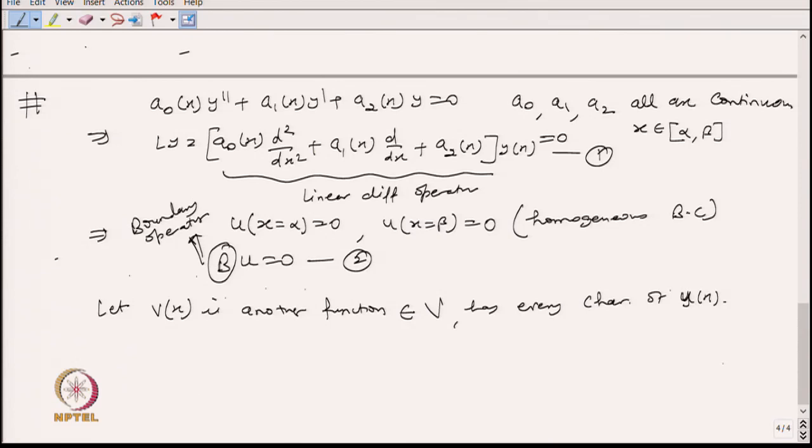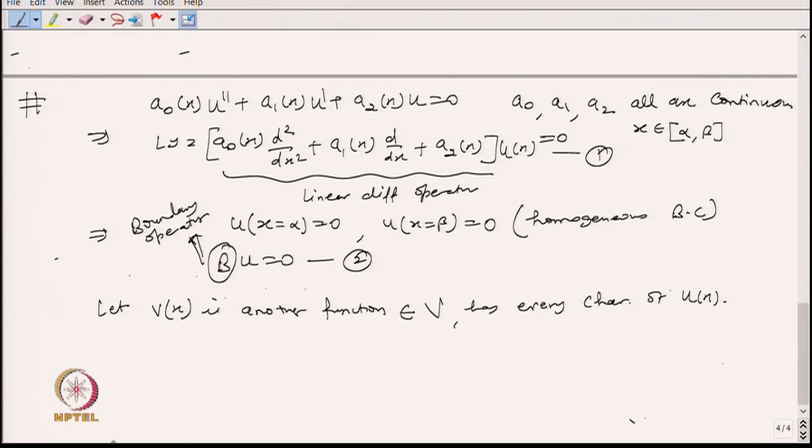Since we are dealing with two types of functions, instead of y I define my function as u, because that will be easier. So, v of x is another function with the same characteristics as u of x.